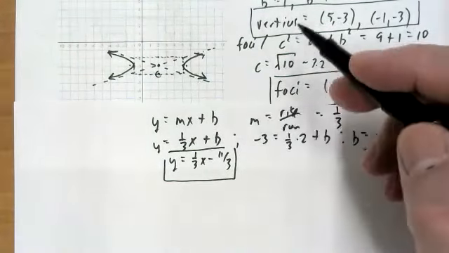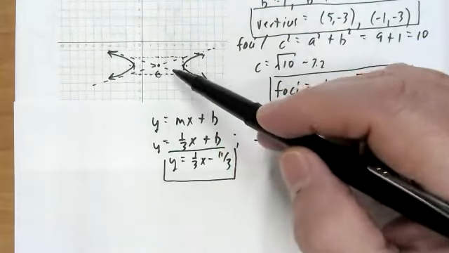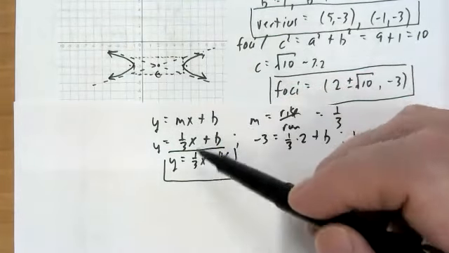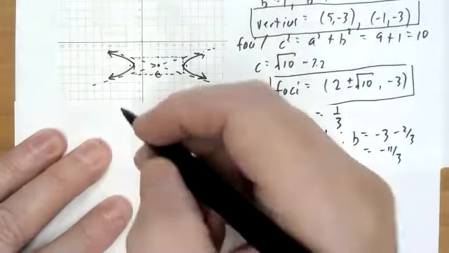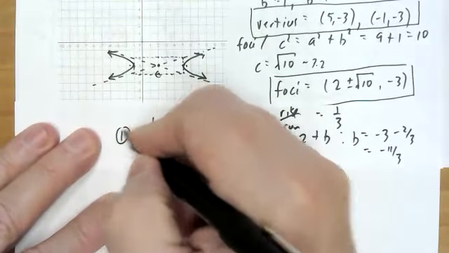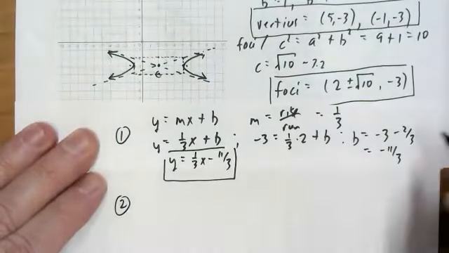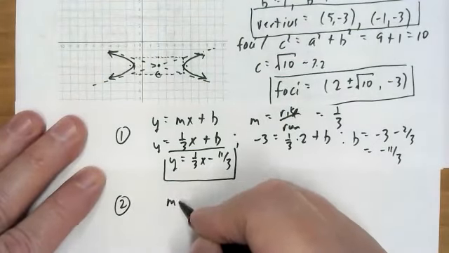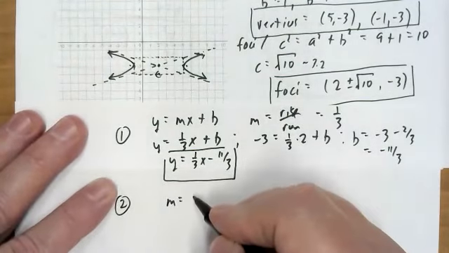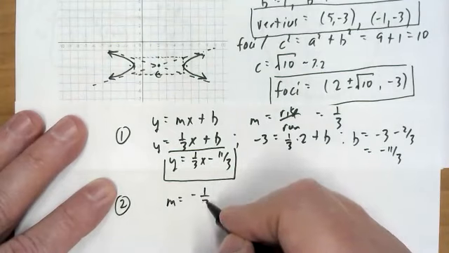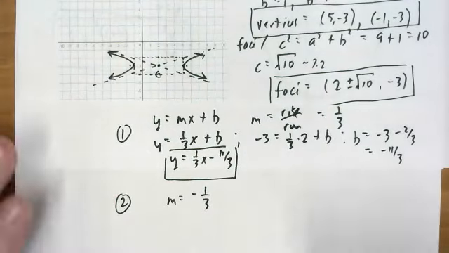Now the other asymptote, the slope, in this case, I won't even show it, but if you do it, you end up with, I'll call this asymptote 1. Asymptote 2, if you calculate the slope, you'd end up with a -1/3.